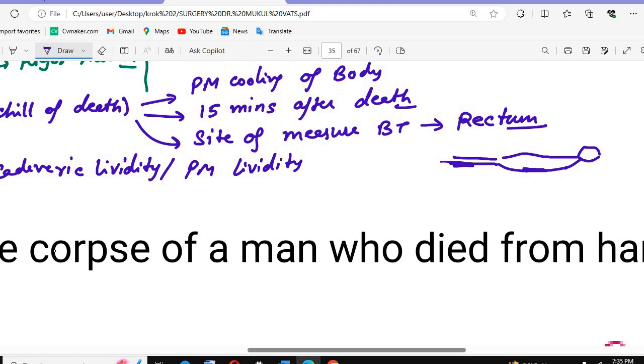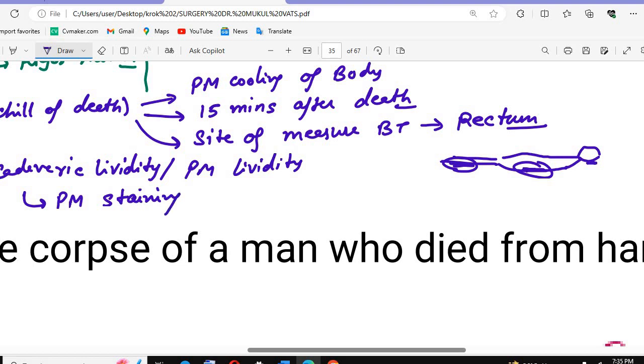This area will look more bluish, and we call this condition post-mortem staining. So in livor mortis, post-mortem staining will be seen.